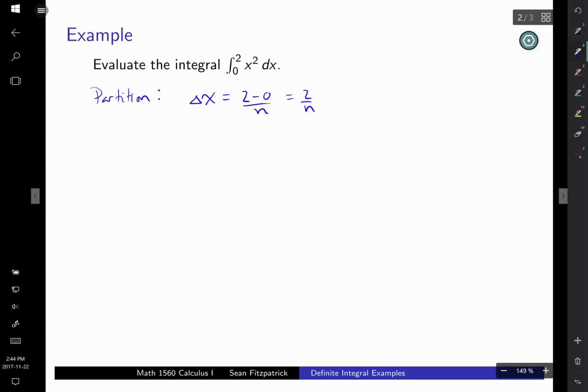Our xi is going to be x naught plus i times delta x, and x naught is just 0, so this is simply 2i over n, and so we want xi squared. Well, that's 4i squared over n squared. Okay. So we're going to set up a Riemann sum, and we're going to use right endpoints.